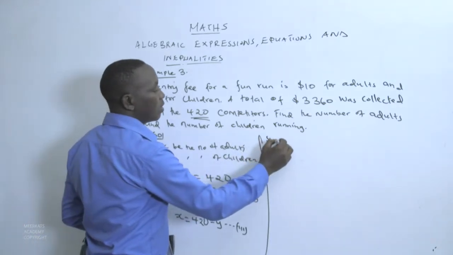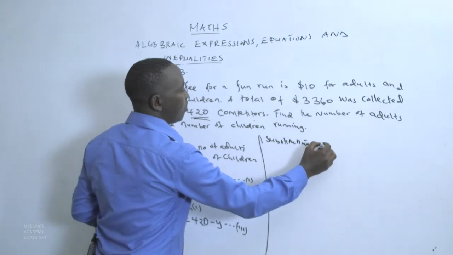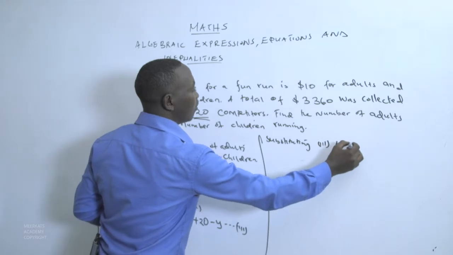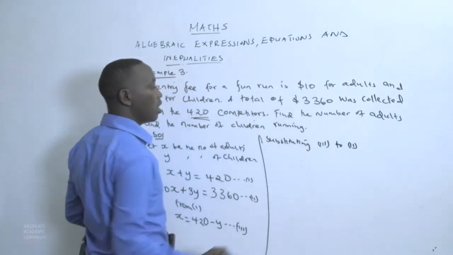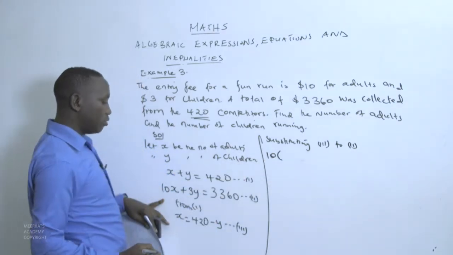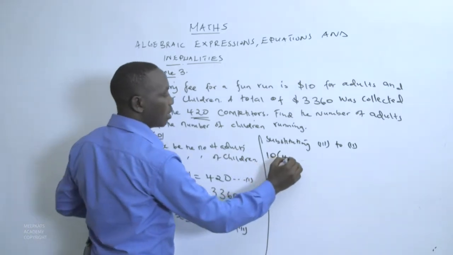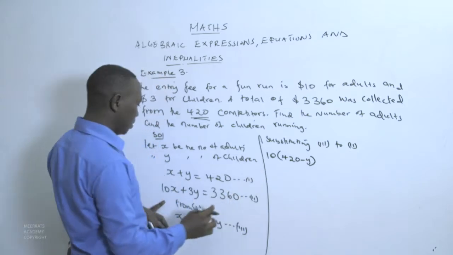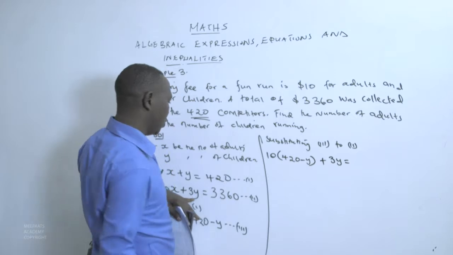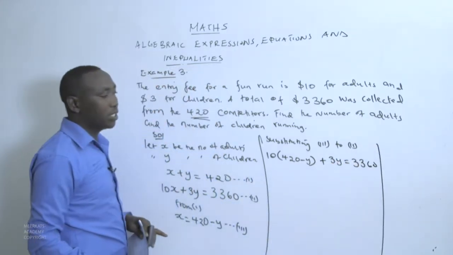So substituting the value of x in equation 3 into equation 2, we are going to obtain 10x. So that means we take 10 multiplied by the value of x, which is 420 minus y, plus 3y should give us 3,360.